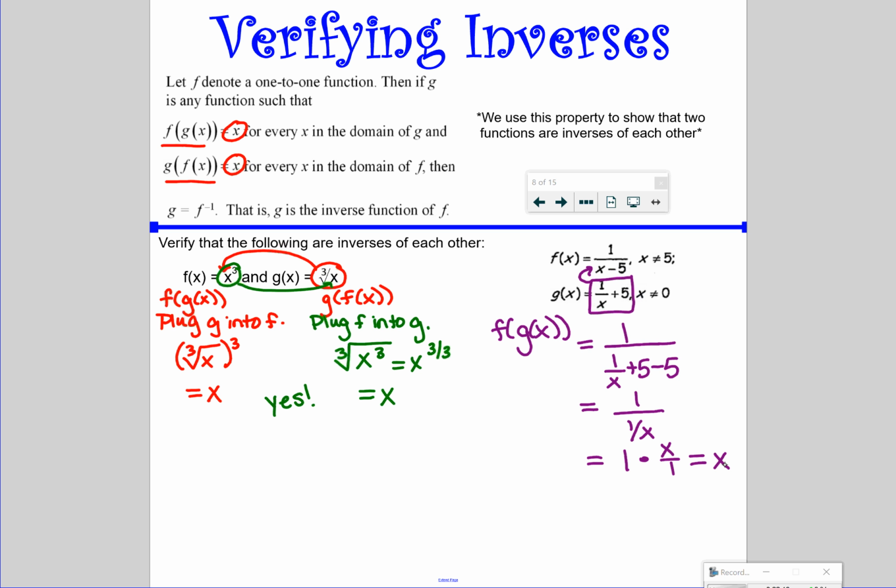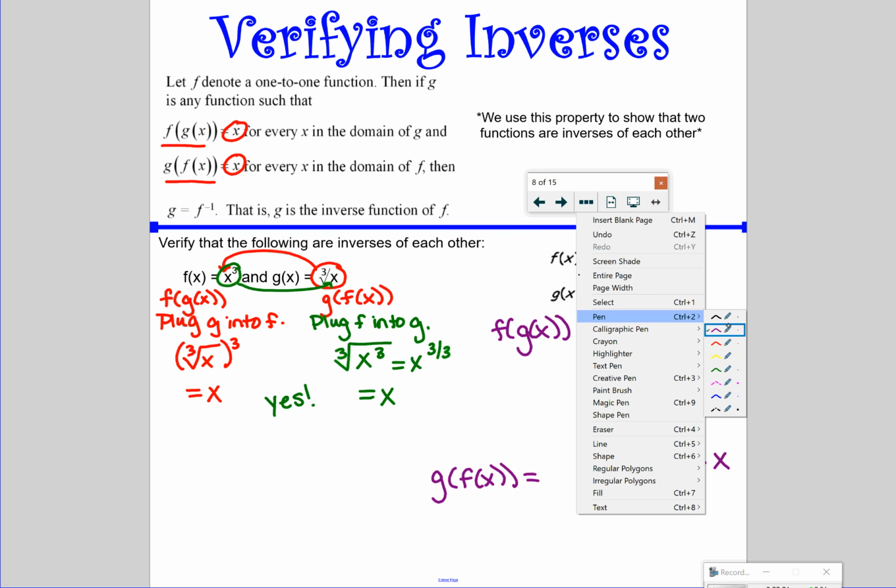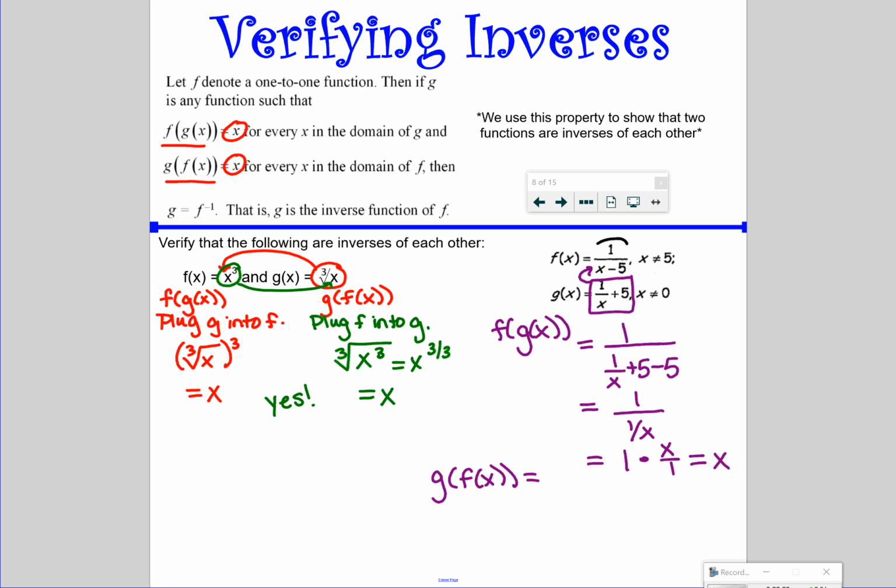Now if we do it the other way, g of f of x, I'll do this one in black. Here we're plugging all of function f into function g. So that's going to look like 1 over, and then in that denominator I'm going to have 1 over x minus 5 plus 5.